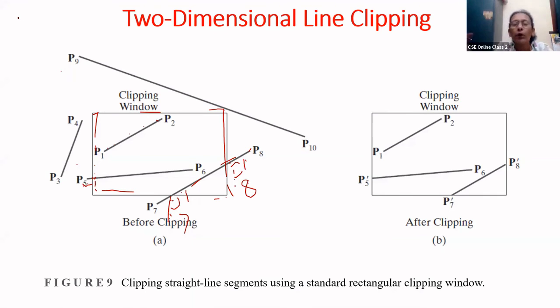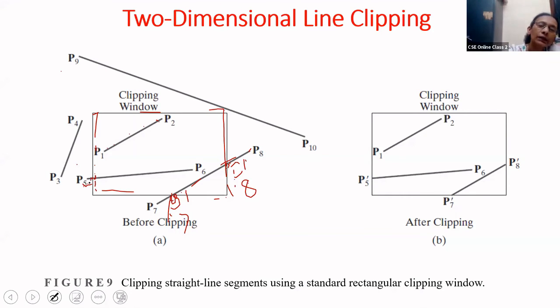So what are the main problems that are faced by a line clipping algorithm? The maximum time that is spent by a clipping algorithm is in calculation of these intersection points. If the total line is inside, it is clear. If it is totally outside, it is clear. When the lines are partially inside and partially outside, it becomes difficult or time consuming to find out which part of the line is inside the clipping window and which is outside.